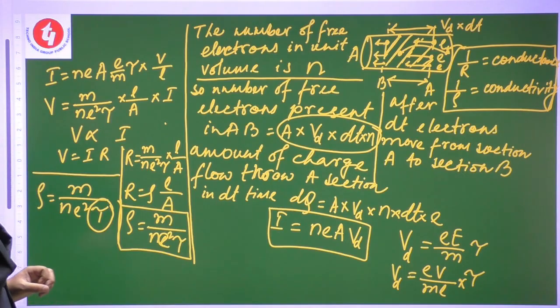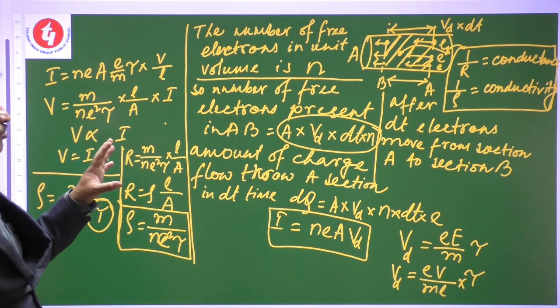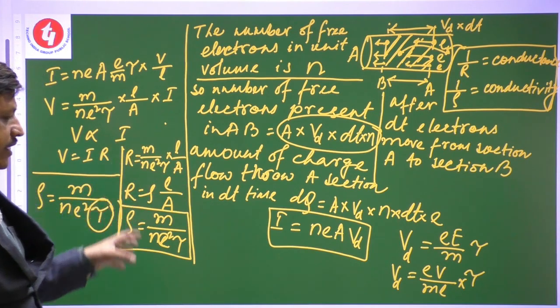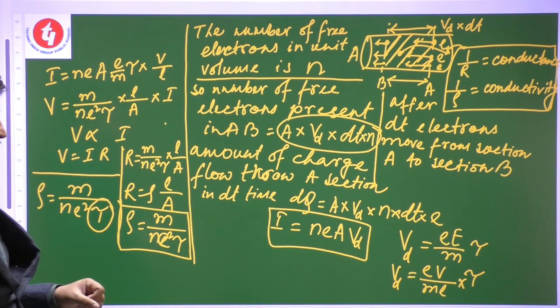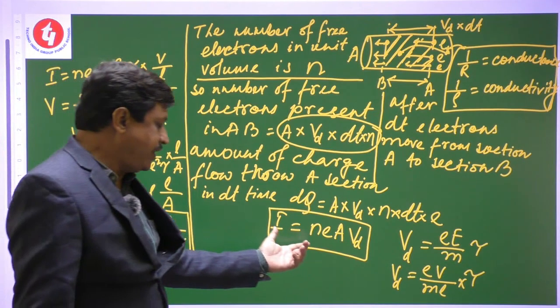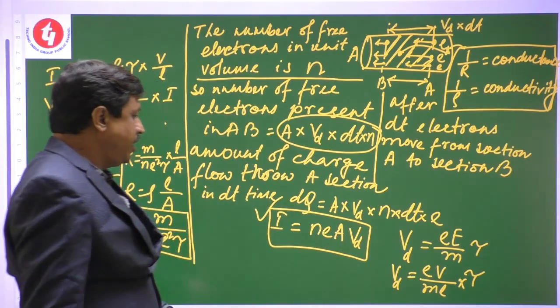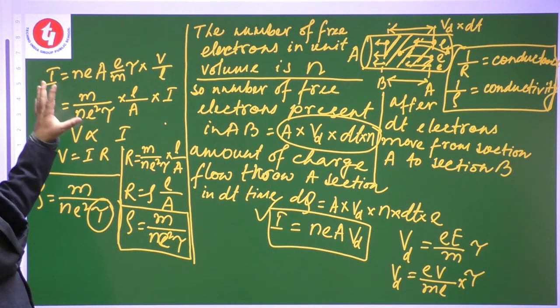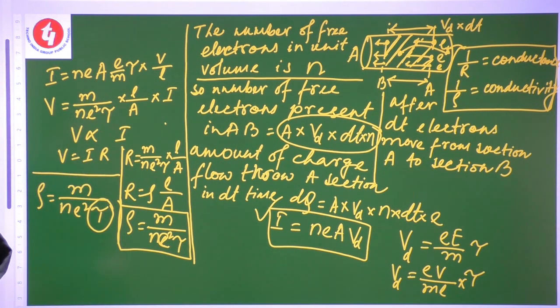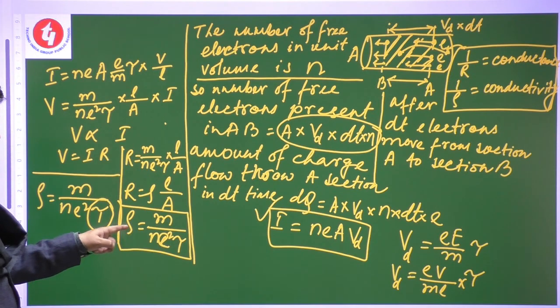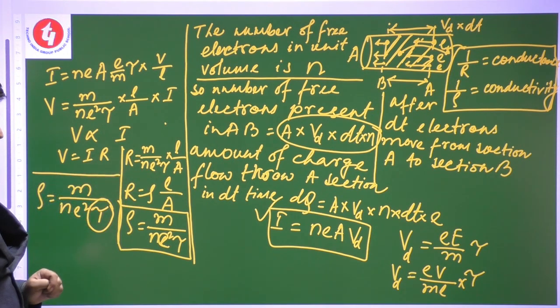This is the interrelation between the various quantities, and also this formula is very important: I equals NEAVd. And you have to know the proof of Ohm's law, the formula for resistivity, and the formula for resistance.